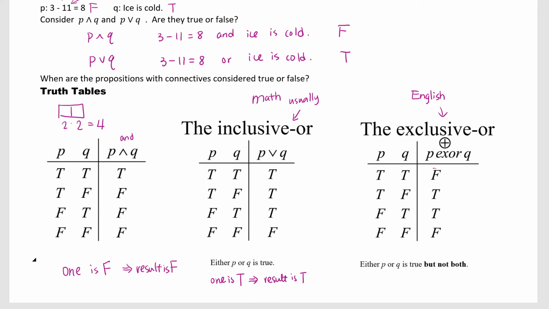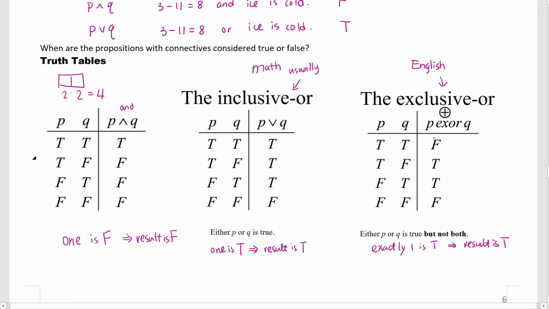Okay? And for the exclusive or, we need exactly one. So exactly one is true, then the result is true. Otherwise, if none of them is true, or 2 of them are true, then the result is false.